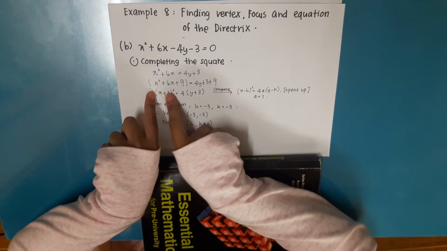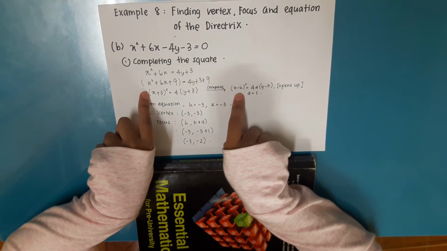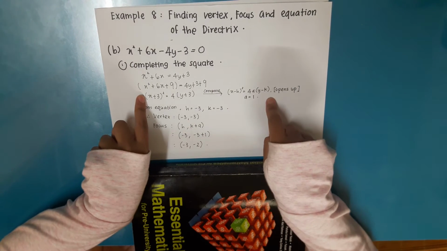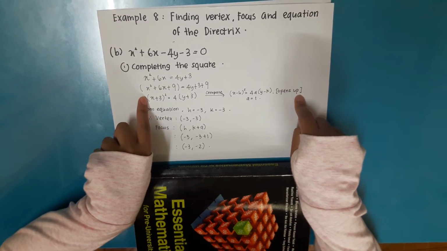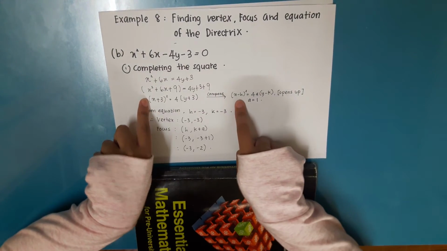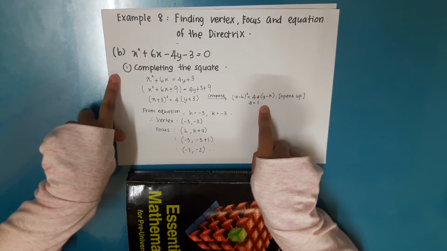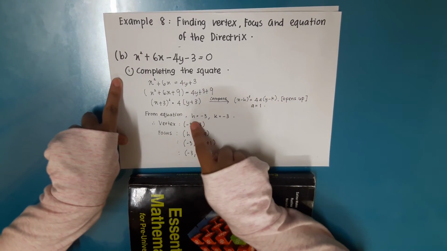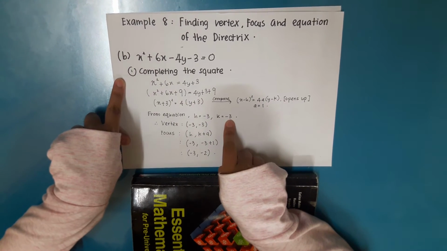We compare it with the general equation, and it is similar to the parabola that opens up. So from the equation, we can state that a equals 1, h equals negative 3, and k equals negative 3.